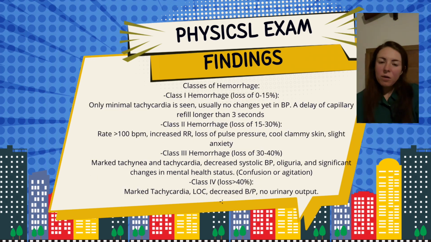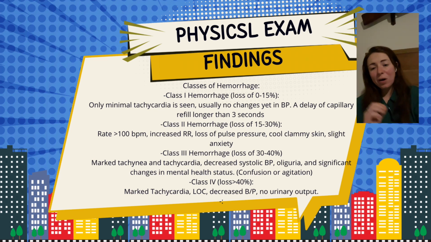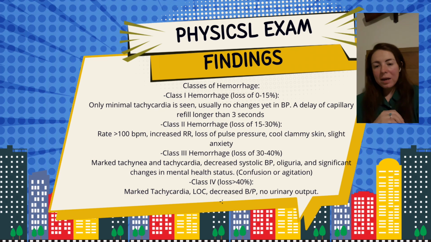Here we see there are four main classes of hemorrhage, starting with class 1 and going all the way to class 4. The main difference is that the percentage of blood loss goes up, so 0 to 15, 15 to 30, and so on. The hard thing about this is that the initial stage is just very minimal tachycardia and decreased capillary refill.